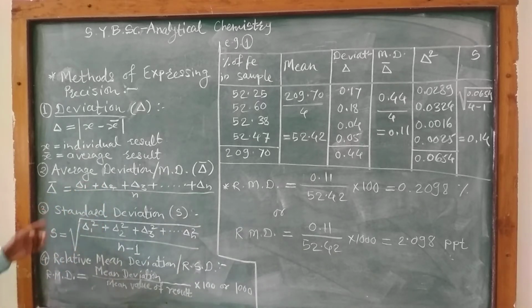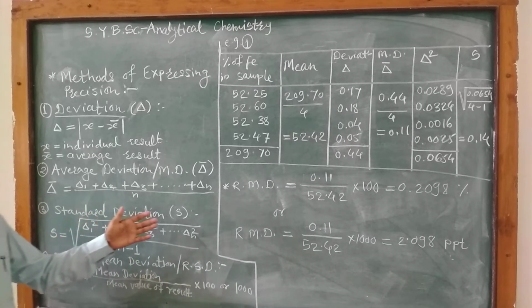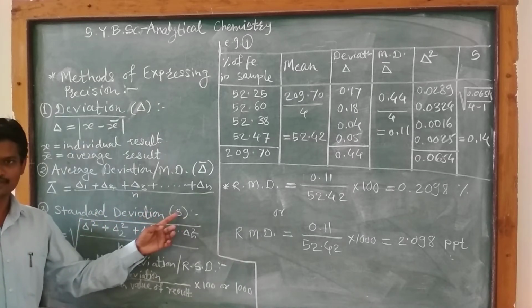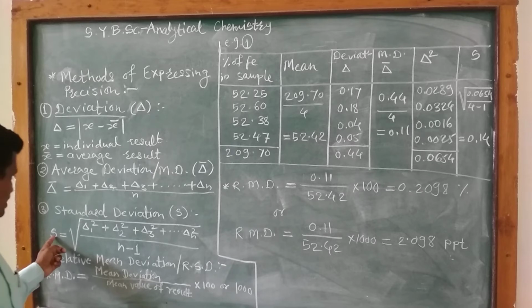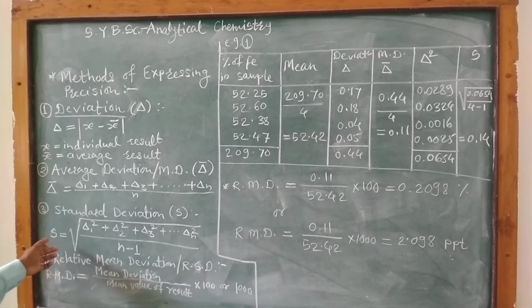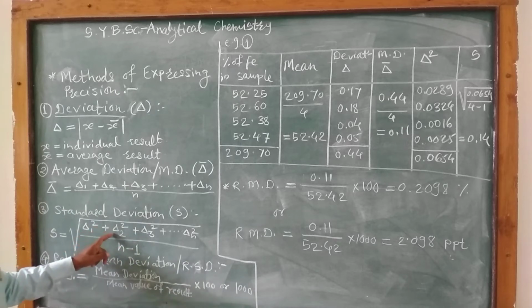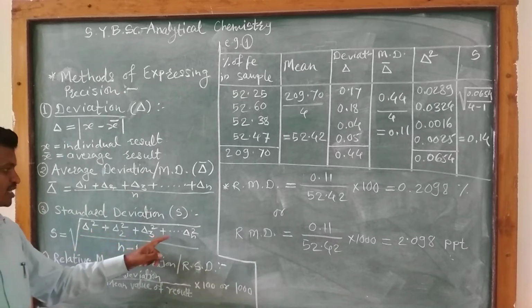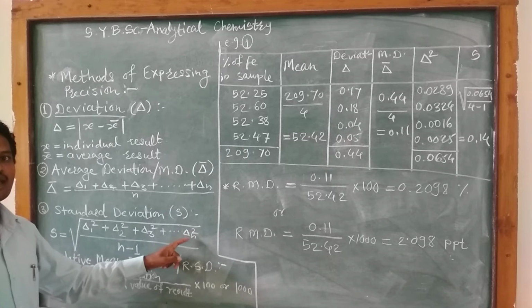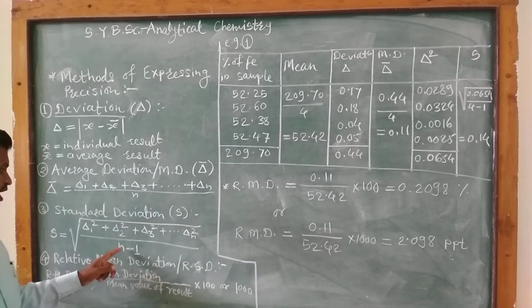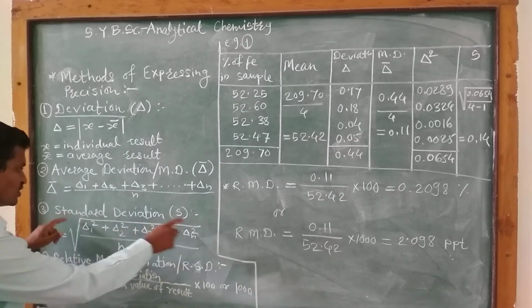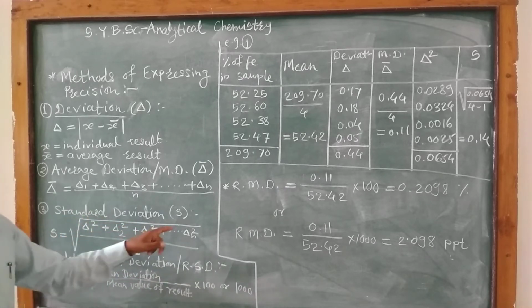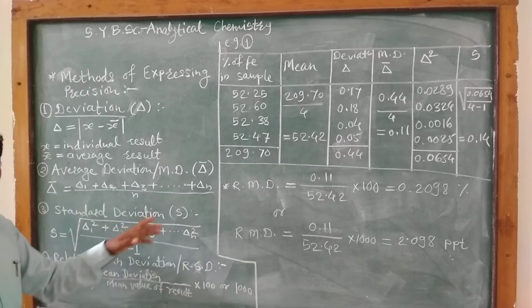Then the third one is standard deviation, denoted by small s. The formula is s is equal to the square root of del 1 square plus del 2 square plus del 3 square plus up to del n square, divided by n minus 1. All these terms are under the square root.